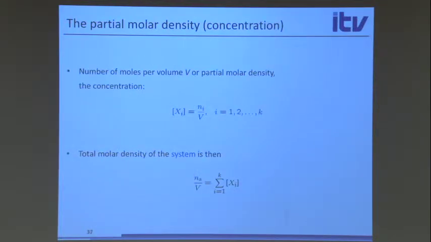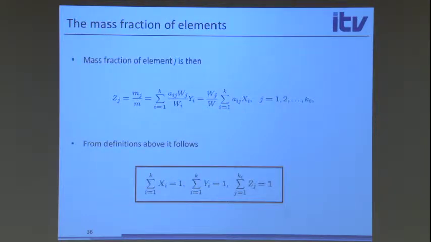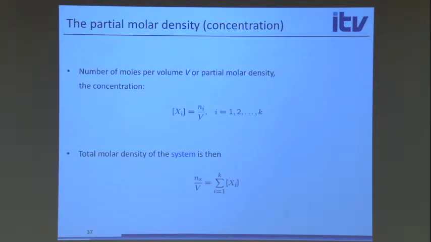Okay? So then the next thing we define is what's called the partial molar density, or we typically call this the concentration. All of these here are non-dimensional. The concentration is not non-dimensional. The concentration is the number of moles per unit volume. Why do we need to define this now also?